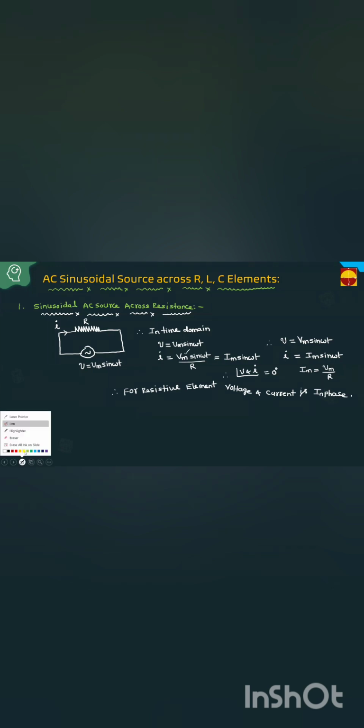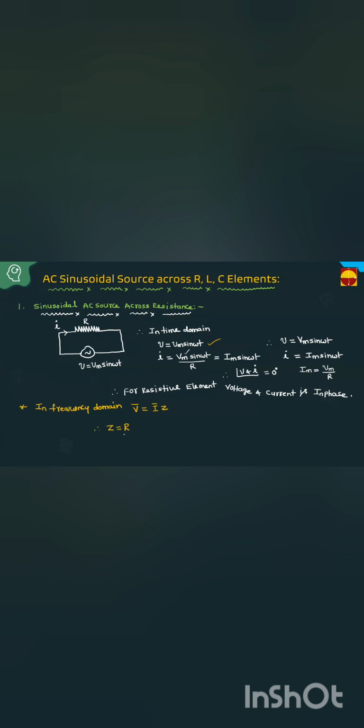This is the observation in time domain. The same observations I am giving in frequency domain. We know that in frequency domain, you have to write V bar equal to I bar into Z. But even though the resistor is transferred to the frequency domain, the Z remains R only.